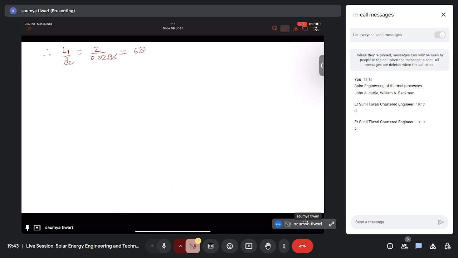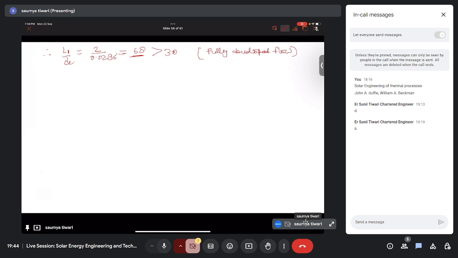So this value 68 is greater than 30, right? So this ratio shows that the flow is fully developed flow. So we are having fully developed flow in our air duct, right?